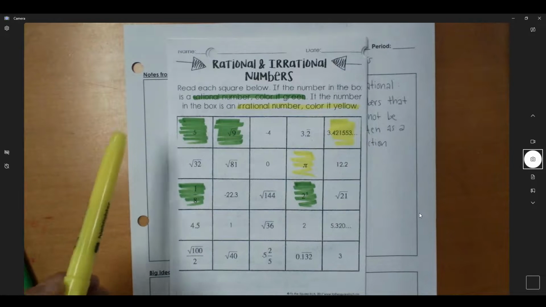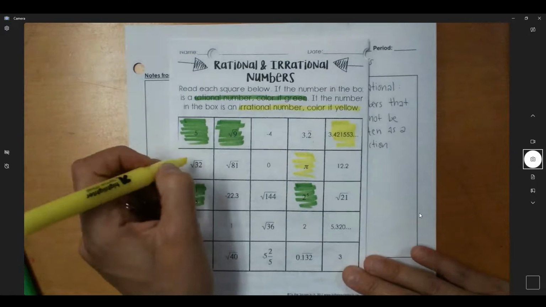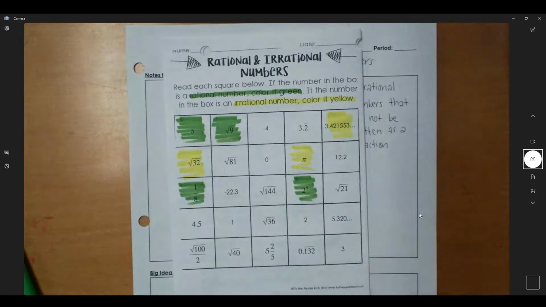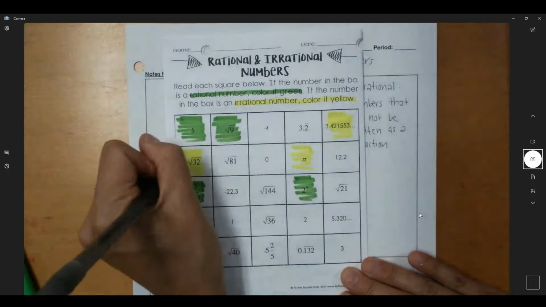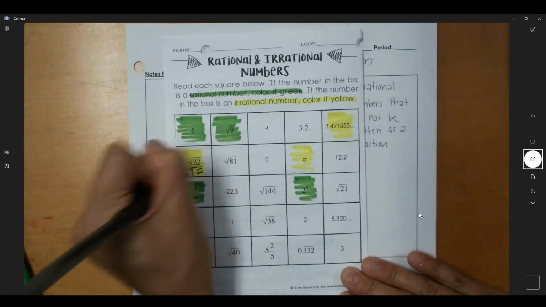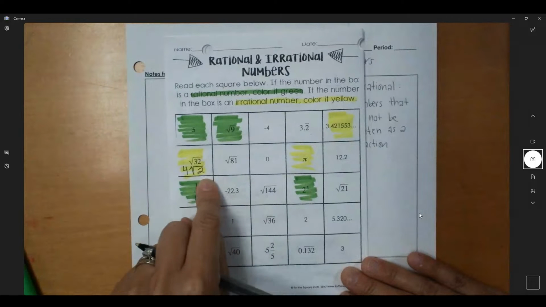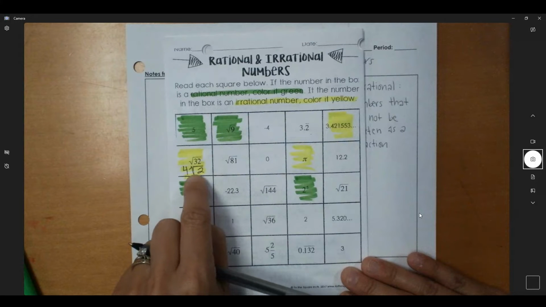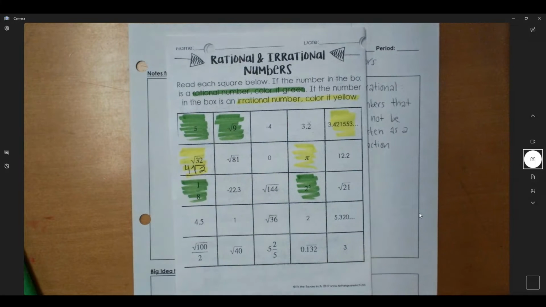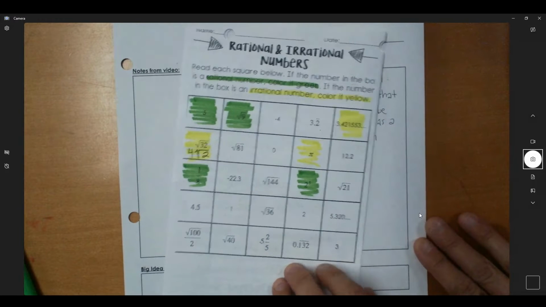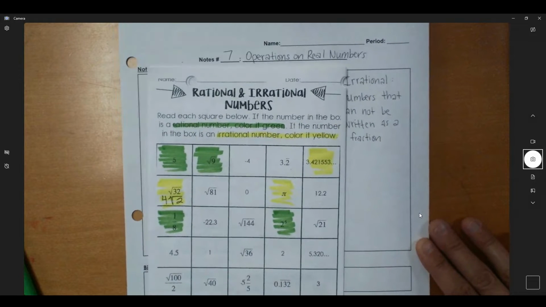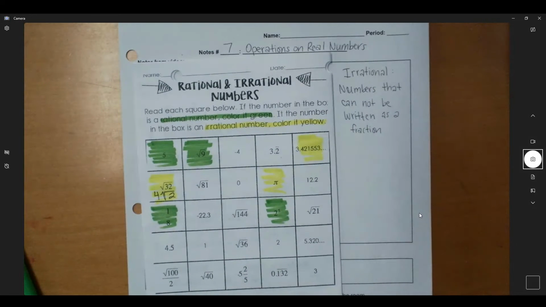If it's not, like if it has leftovers, per se, like this one, because when you do it, you're going to get 4 square root 2. Doesn't matter if there's a whole number out front. There's still a square root right here that can't be simplified, which means it's irrational. Okay? All right, we're going to go in depth about the operations of rational and irrational in class. So finish the rest of this.